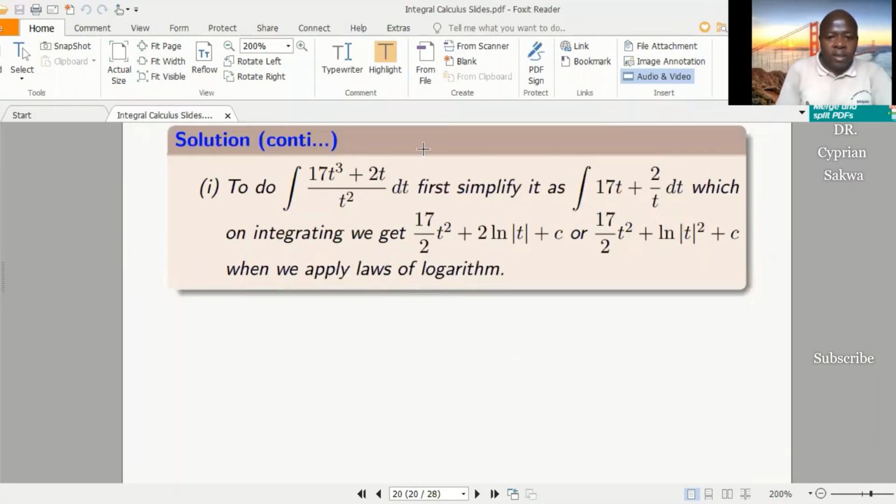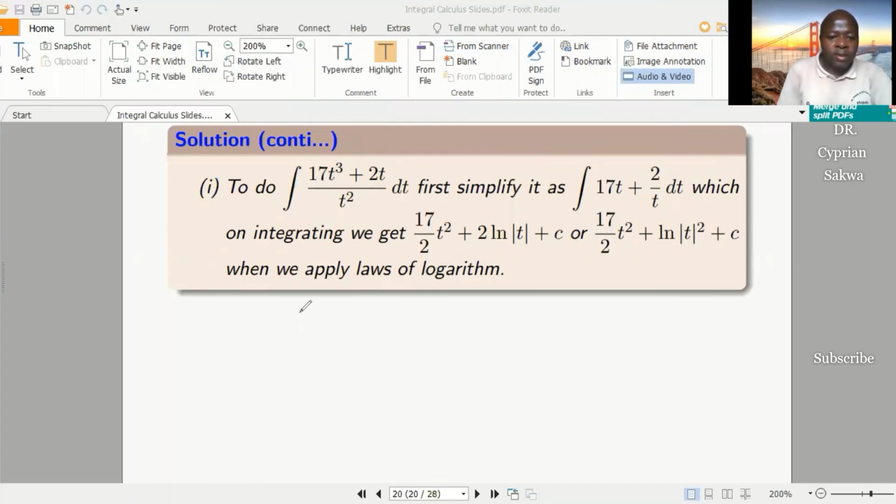Now finally, we look at this other one. And this one is very easy. We have t squared in the denominator and we have t cubed and then t. So whenever we have this variable in terms, we begin by first of all dividing it.